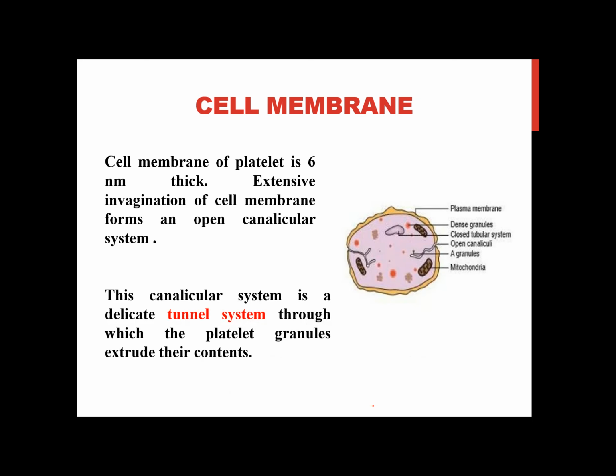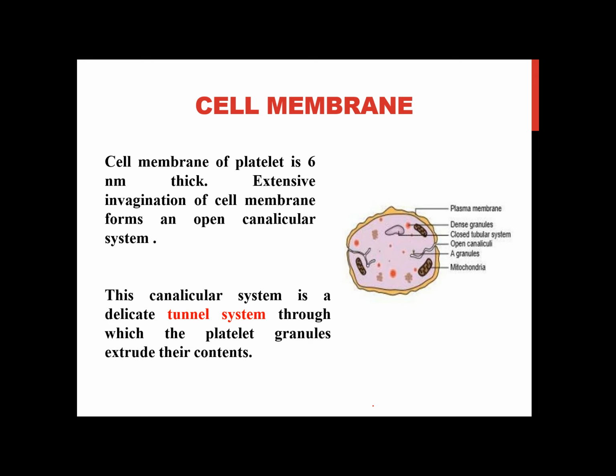Now, the cell membrane of platelets class is 6 nanometers thick. Extensive invagination of the cell membrane would form an open canalicular system. Itong canalicular system, class, is a tunnel system through which the platelet granules would extrude their contents.